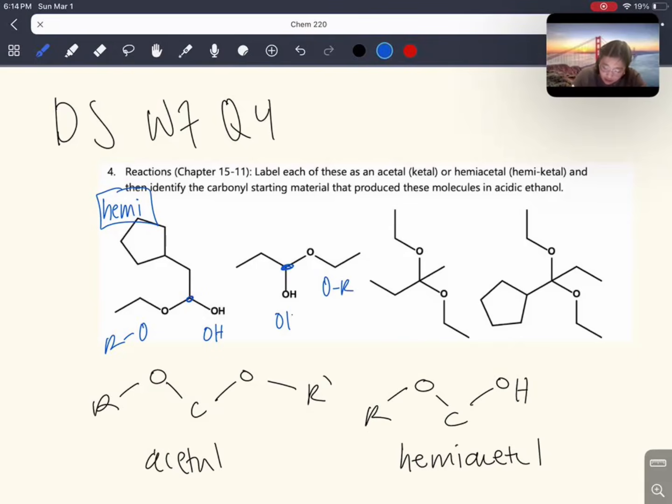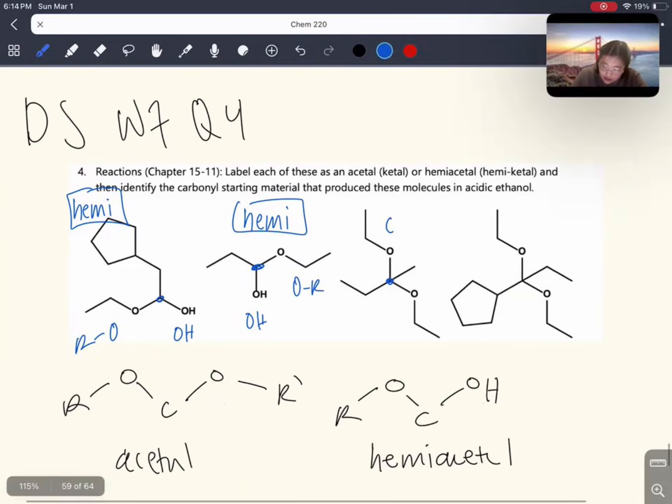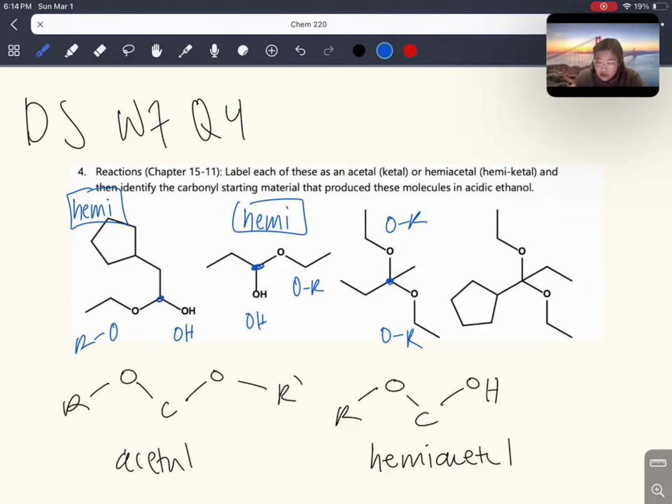Therefore, it's a hemiacetal. This third molecule, your center carbon has an OR group and another oxygen attached to an R group, the R group being some carbons. Therefore, it's an acetal. And same thing in this last molecule, you have an OR group and another OR group. Therefore, it's an acetal.